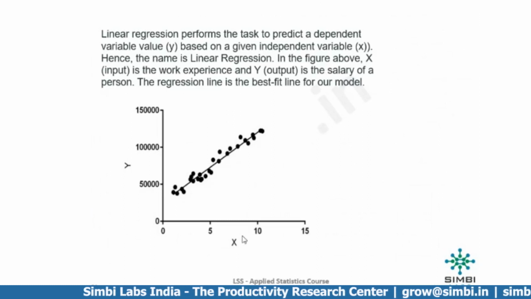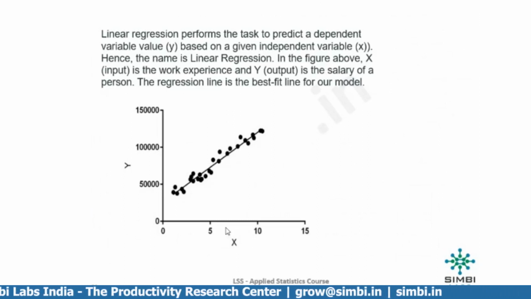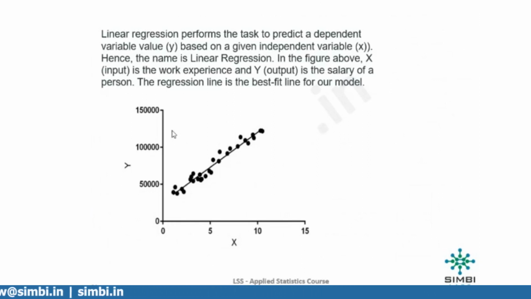Only one variable is dependent on another variable: one dependent variable and one independent variable. To predict the relationship between the dependent and independent variable, we can follow linear regression.